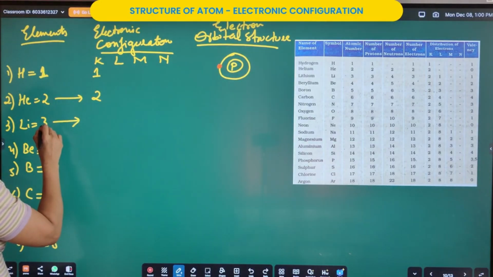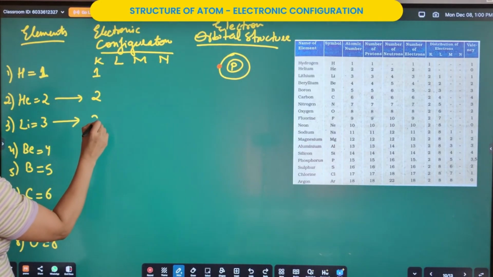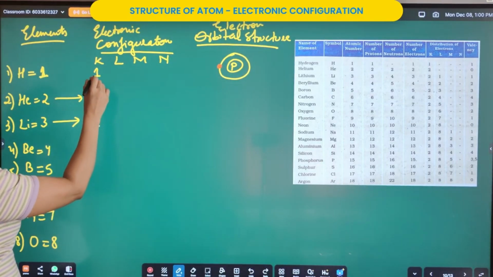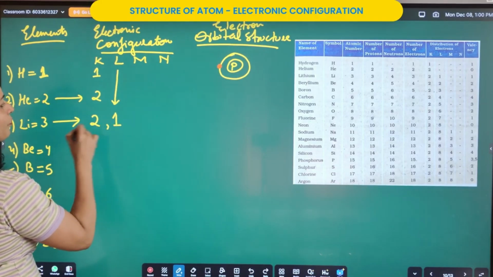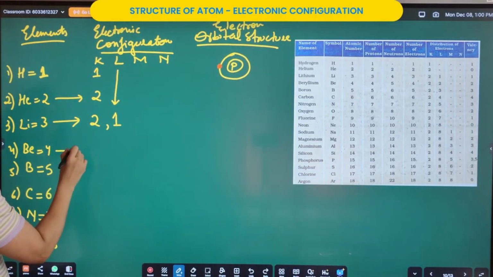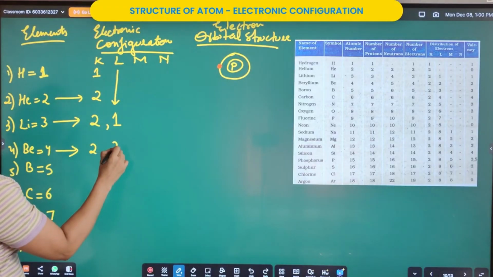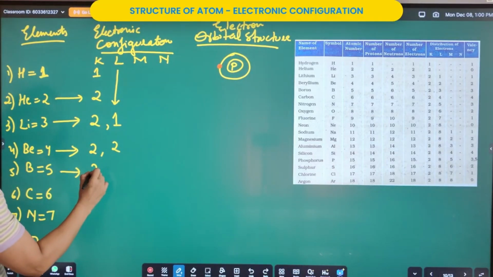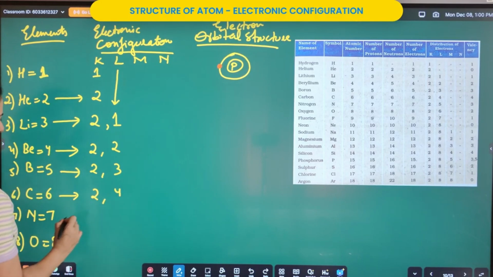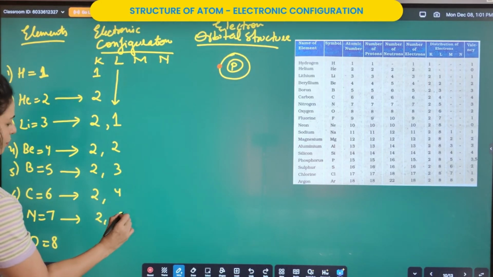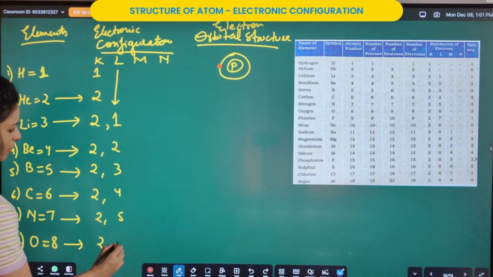Now lithium has 3 electrons, and the K shell has a maximum capacity of holding only 2 electrons, so the remaining one has to go to the L shell. Similarly beryllium will be 2, 2, boron will be 2, 3, carbon will be 2, 4, nitrogen will be 2, 5, oxygen will be 2, 6.